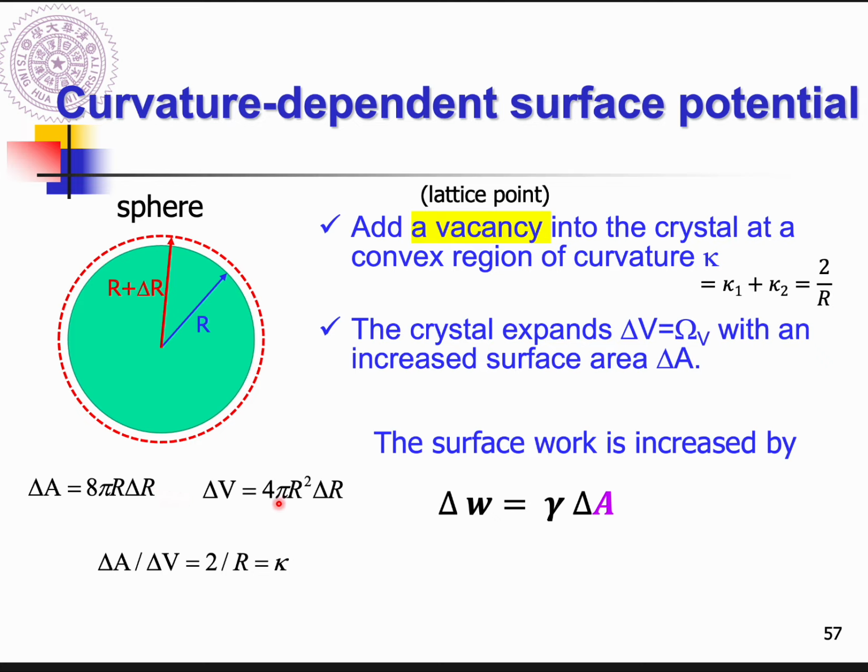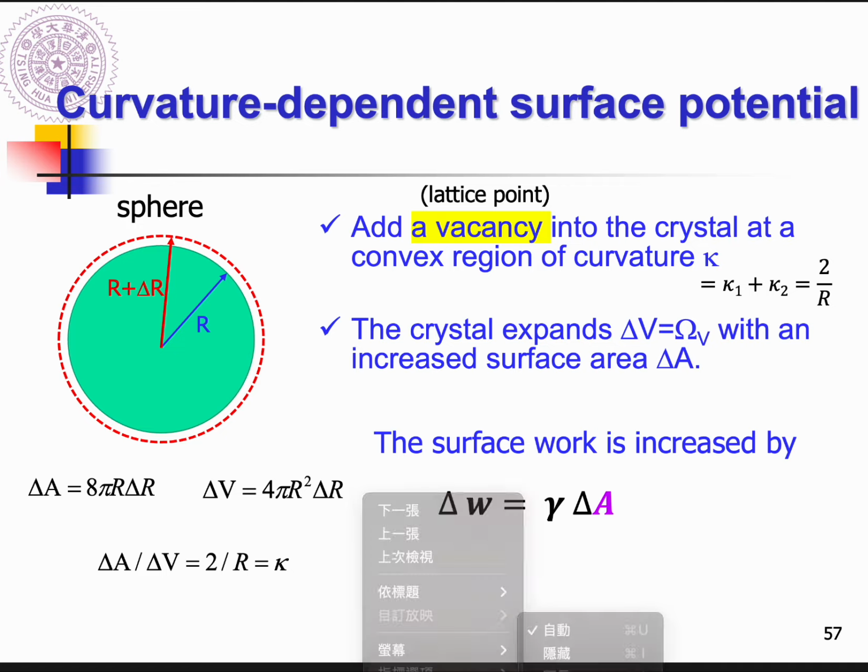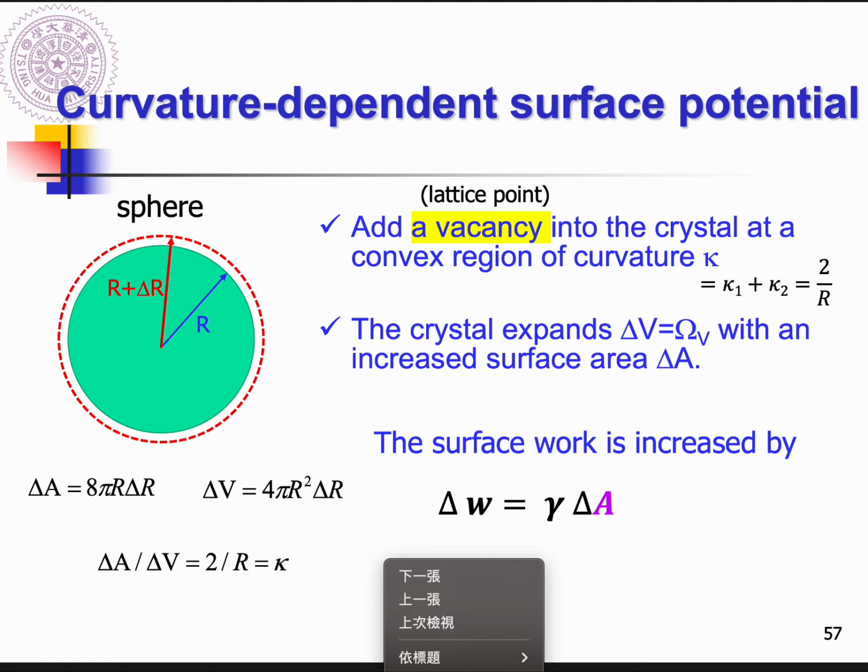And delta V can be expressed as 4 pi r squared dr. The reason here is easy, right? I believe you know, but let me write something. Okay. So A actually is 4 pi r squared.